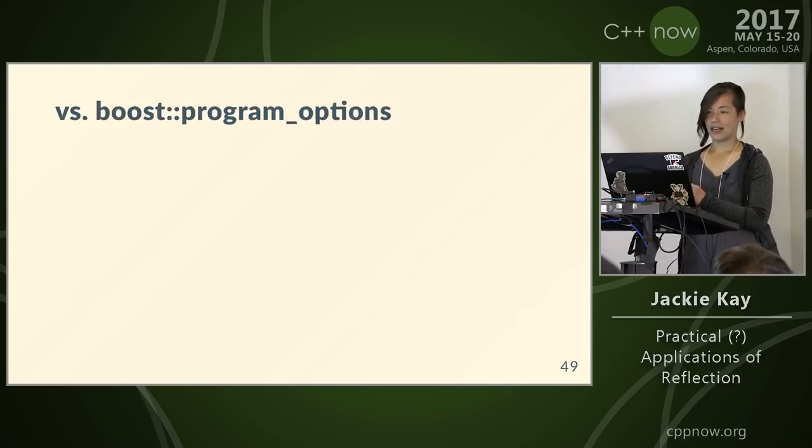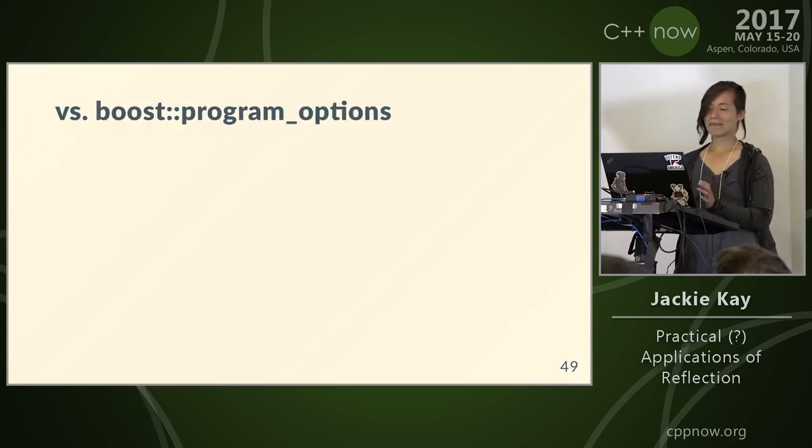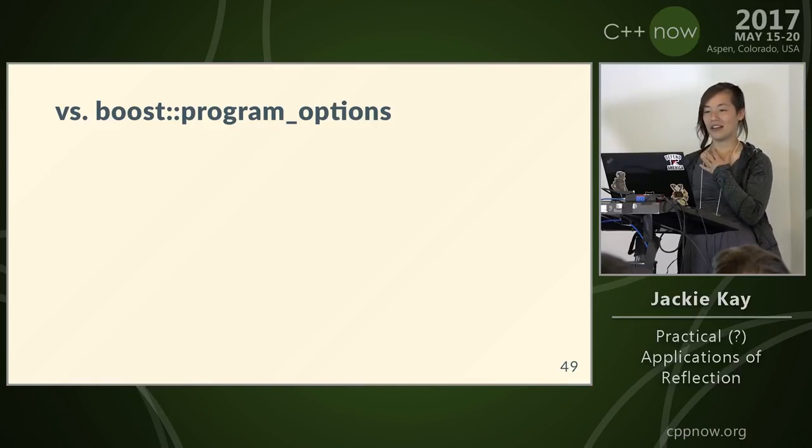Okay, so I wanted to see if this work I was doing, playing around with reflection, was any improvement at all on Boost program options. Raise your hand if you've used Boost program options. Yeah, it's a very commonly used facility for this problem.